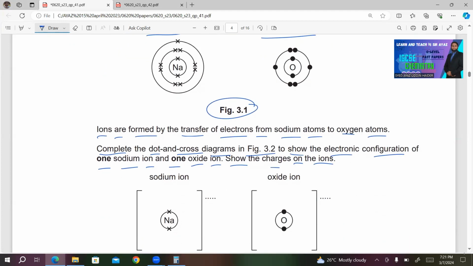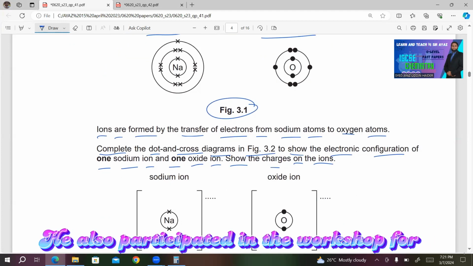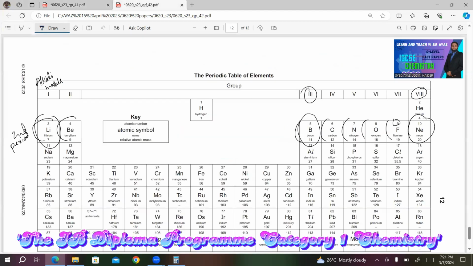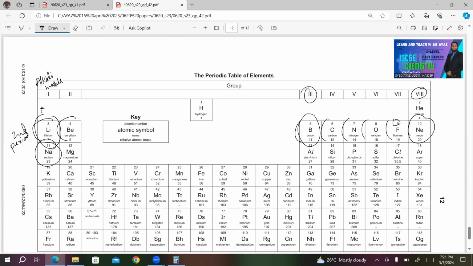So first of all, you should know how many atoms of each of these elements are involved in the formation of the ionic bond. So we have sodium and oxygen. This is a symbol for sodium, symbol for oxygen. Sodium belongs to group 1. Valency for group 1 is +1. What about oxygen?